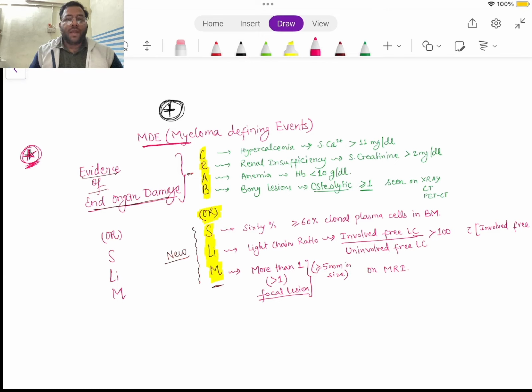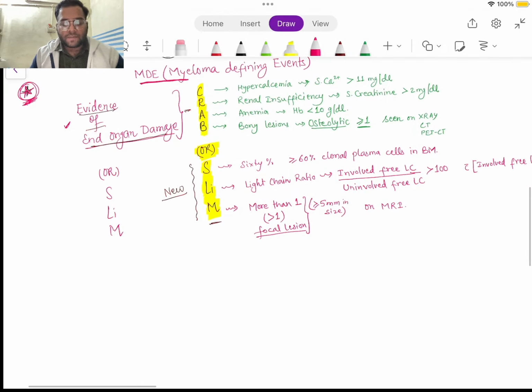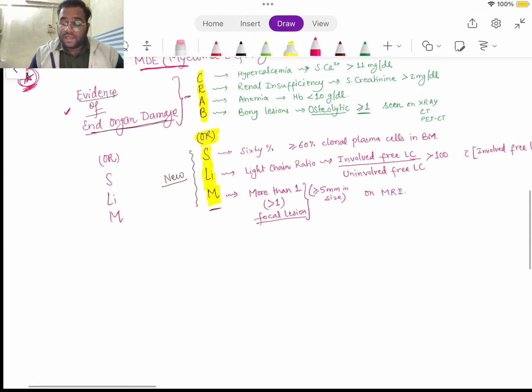Myeloma defining events can be evidence of end organ damage, defined by CRAB. If any one of these is present, it is evidence of end organ damage and one of the myeloma defining events. If CRAB is not there, you can look for the SLiM criteria. If either S, or Li, or M, any one of these is present, it will also be a myeloma defining event.